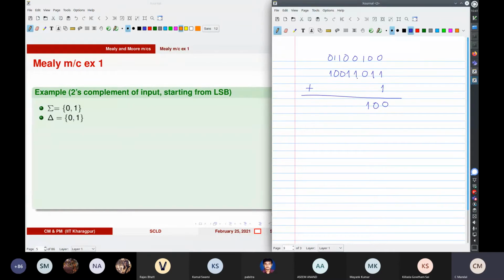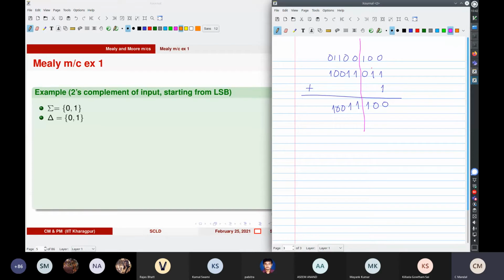And then these remain unchanged. If you look at it, there is a very interesting pattern.